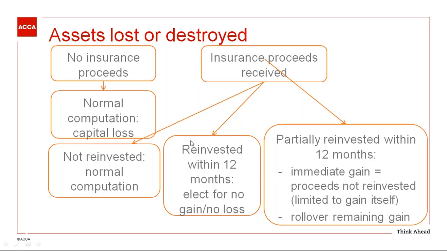So in that case, the outcome depends on whether the asset is insured or not. If the asset is not insured, then you can calculate the normal loss available. For example, if the asset is not insured, that means your sales proceeds are zero.